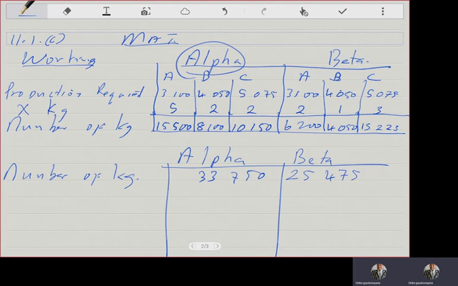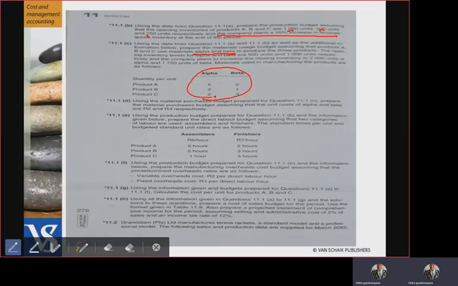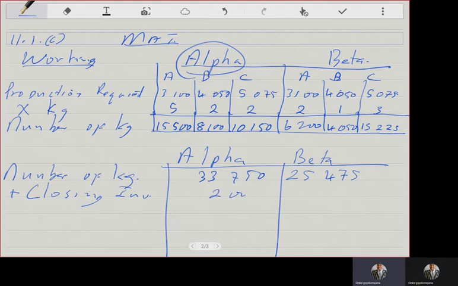So we're in a better position now to say plus the closing. Closing inventory, looking at our exercise, we're given the closing inventory of 2,000 and 1,750. So that's what you'll take there. 1,750.